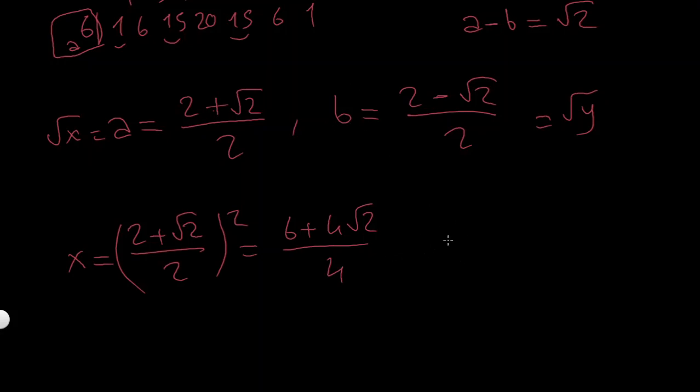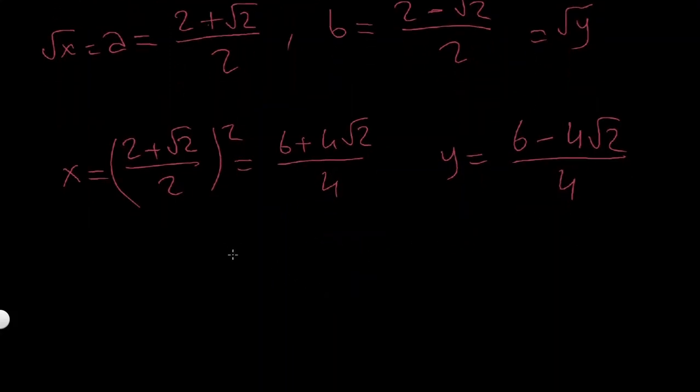And on the second part, I will have y is equal to, I'm just squaring this thing and I will write it directly. This will be 4 plus 2, which is 6, minus 4 square root of 2, so 6 minus 4 square root of 2, divided by 4.